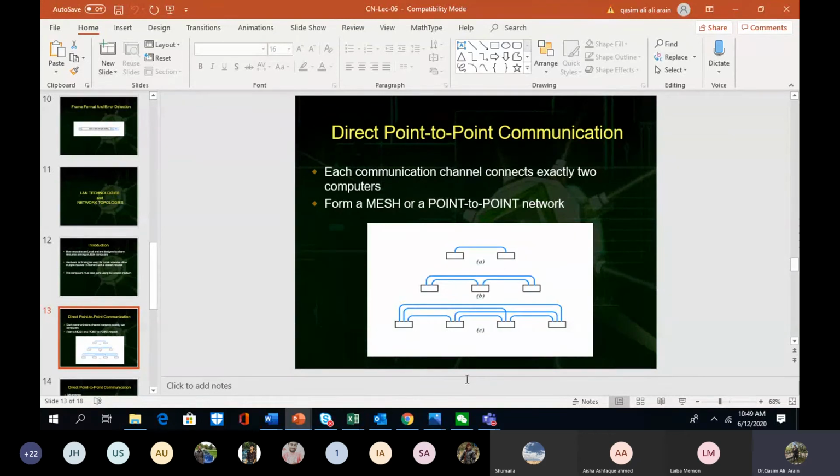If we look at diagram B, we have three computers and all these computers are connected with each other directly, right?